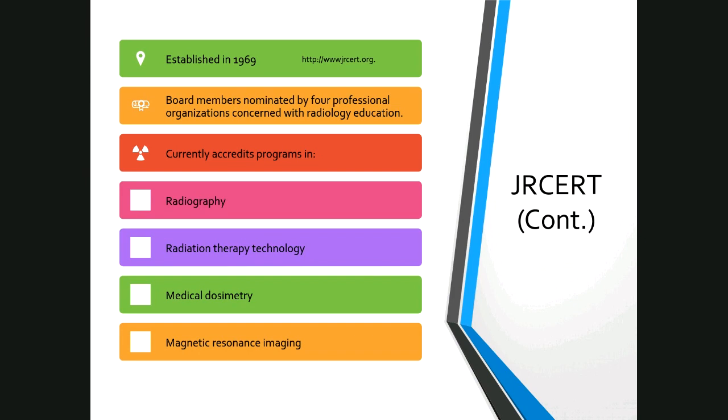Those 4 organizations, professional organizations, are concerned with radiology education, and those board members are nominated by those 4 agencies. They currently accredit programs, as I said before, in radiography, radiation therapy, medical dosimetry, and magnetic resonance imaging.